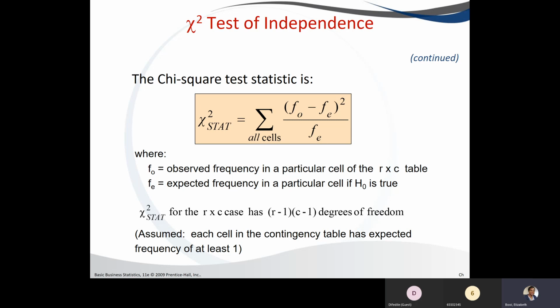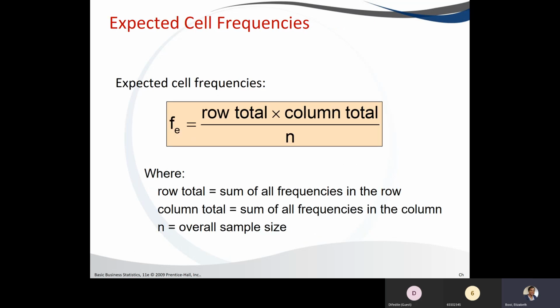The expected value, as compared to the previous one where we used the probability, we calculate using the totals of the contingency table and the grand total. So to calculate the expected value for each observed value, we use the row total of that observed value times the column total of that observed value divided by the grand total.